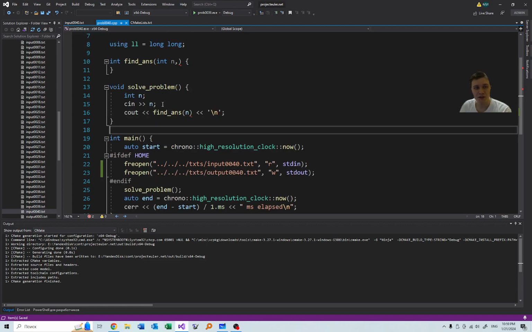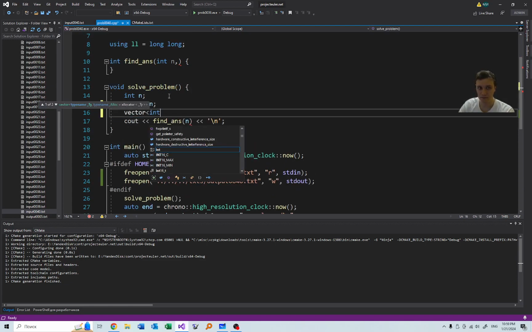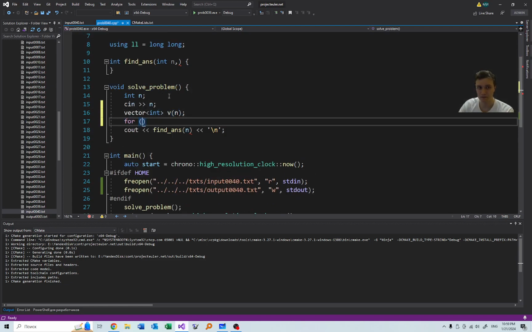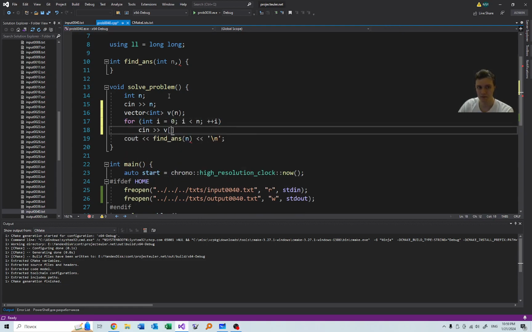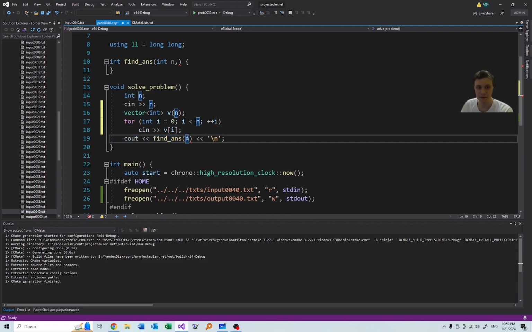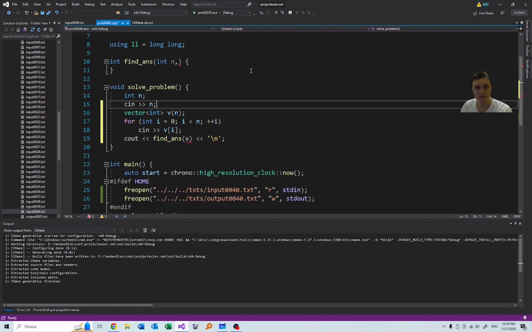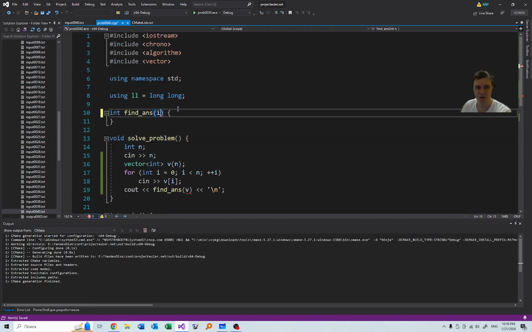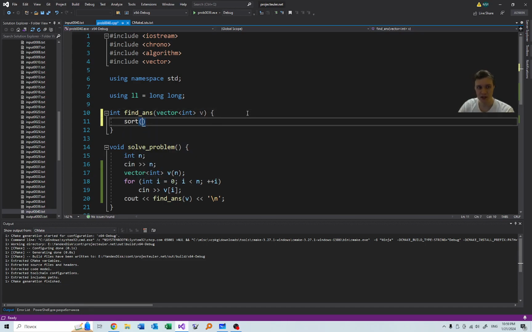So here we read, actually I don't want to do it the fast way. Let's do it a straightforward way. So let's start with sorting it.